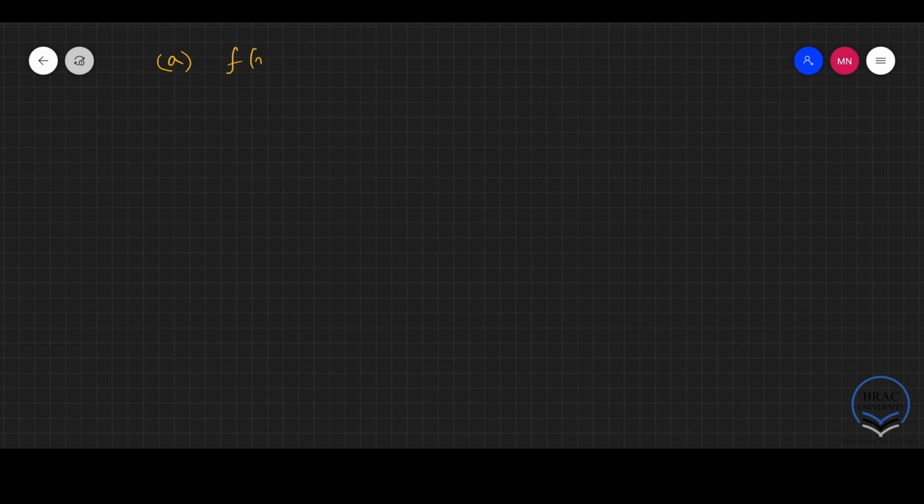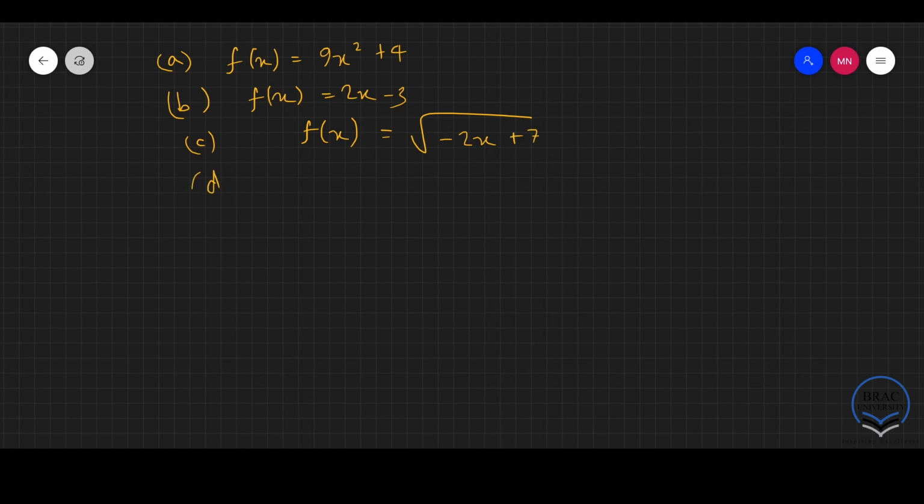So this is and finally so we have these bunch of functions.